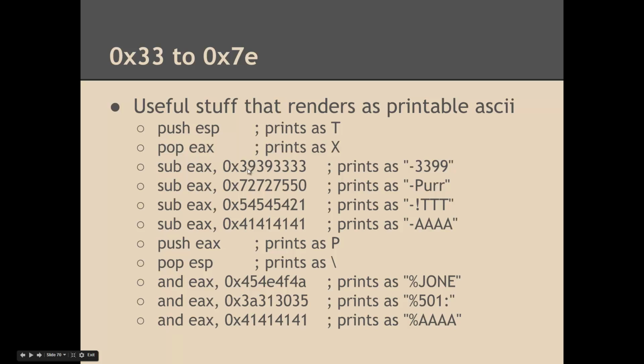Because if you just had sub EAX and then 20, that's going to be minus, then 3 bytes that aren't ASCII, and then a space, because 20 is the hex value for space in ASCII. So these 3 bytes in between would be filtered out by the web application firewall, and it would drop that whole request and mitigate that attack.